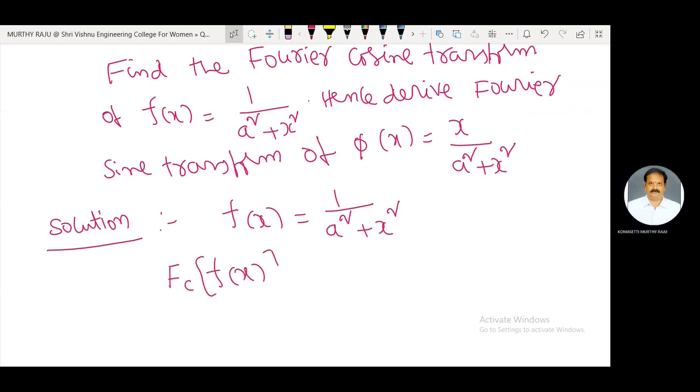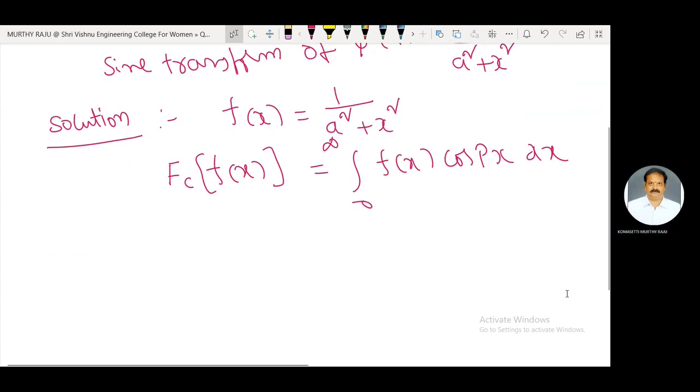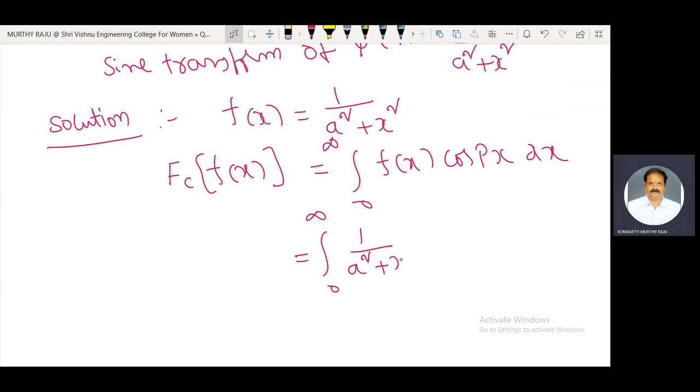The formula is integral 0 to infinity f of x cos px dx, that is equal to integral 0 to infinity 1 by a square plus x square into cos px dx.